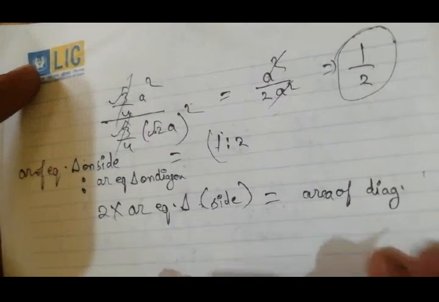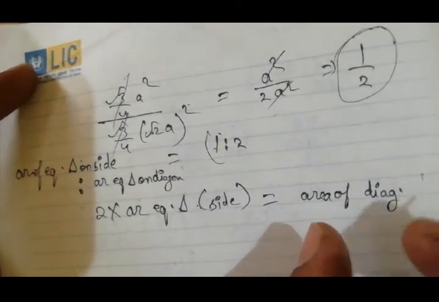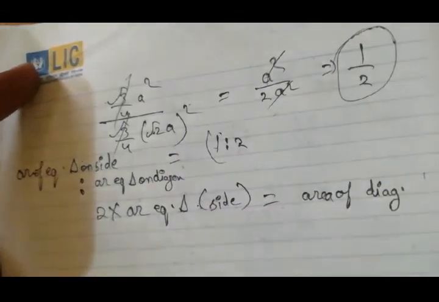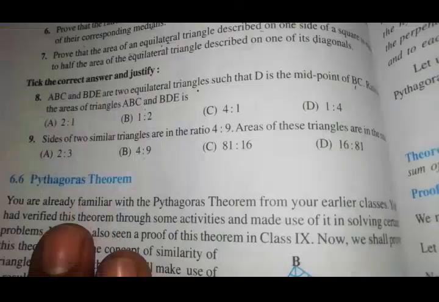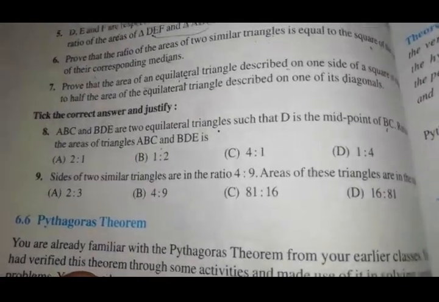So it is proved that the area of the triangle drawn on a diagonal is twice the area of the triangle drawn on a side. Question numbers 8 and 9 you have to do by yourself.